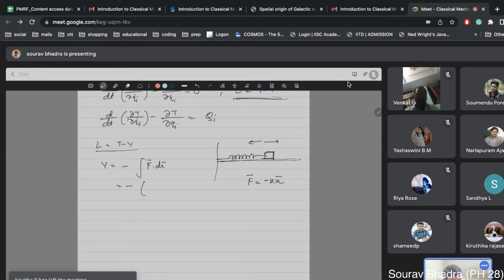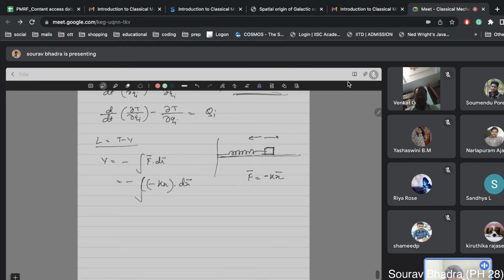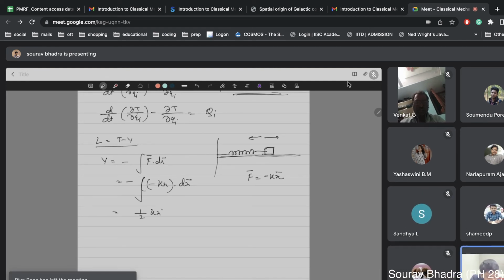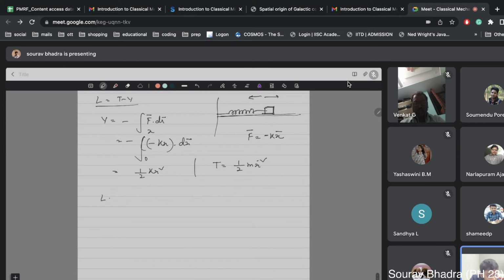The dr is dx, since there is no other movement, so integrating from 0 to x gives half kx squared. This is V, and T is simply half m x dot squared. So L is half m x dot squared minus half kx squared.